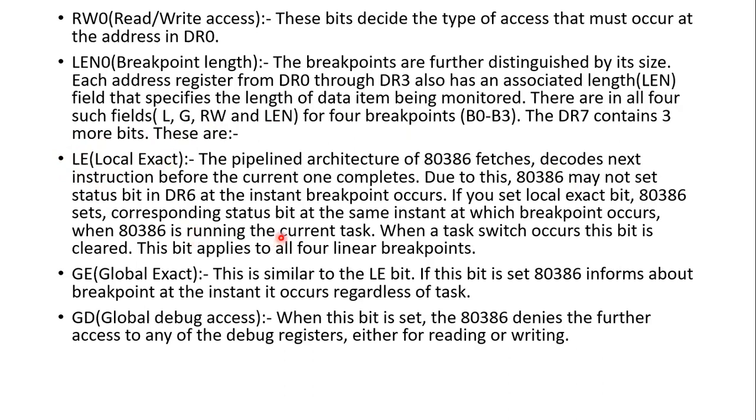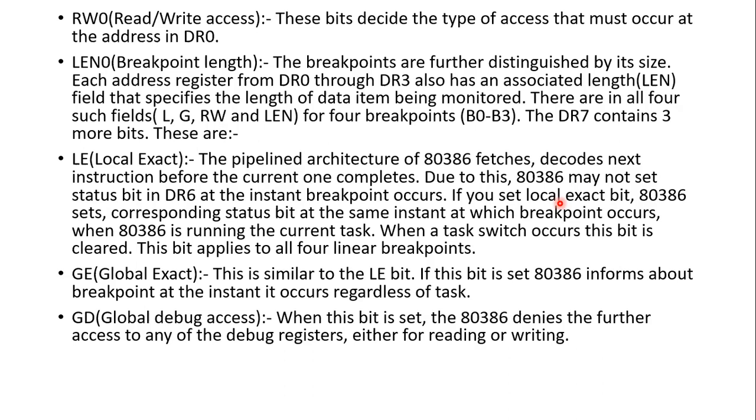Even if the status bit in the DR6 register would otherwise fail to be set, when you set this LE bit, the microprocessor sets the corresponding status bit at the same instant the breakpoint occurred. Suppose the breakpoint occurs at line number 4, then the 80386 will set the corresponding status bit at that same instant only.